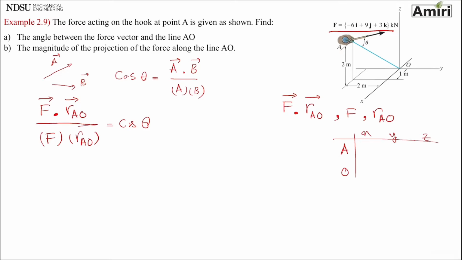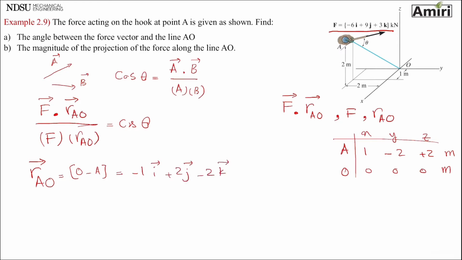A is located at 1, -2, 2. The units are meters. O is located at 0, 0, 0 meters. So position vector AO from A to O, so O minus A, is -1i plus 2j minus 2k.